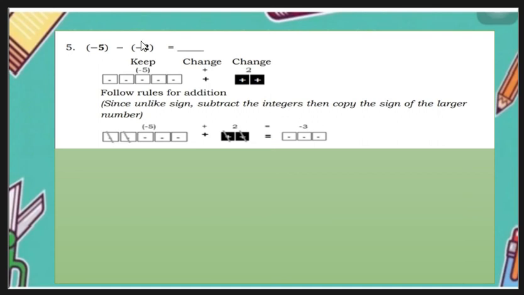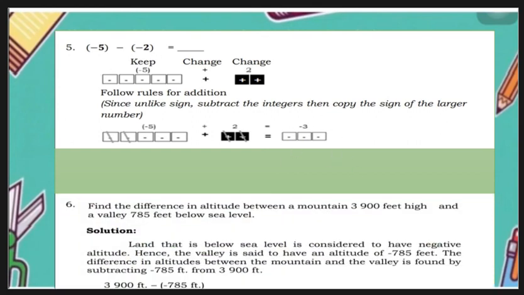Now, we have negative 5 plus positive 2 is equal to negative 3. Since 5 is greater absolute value and 5 is negative, therefore our sign is negative. Okay?